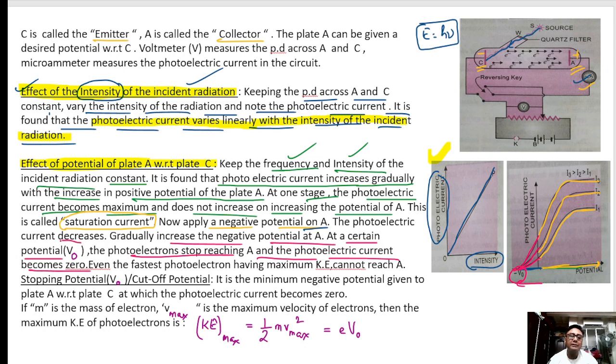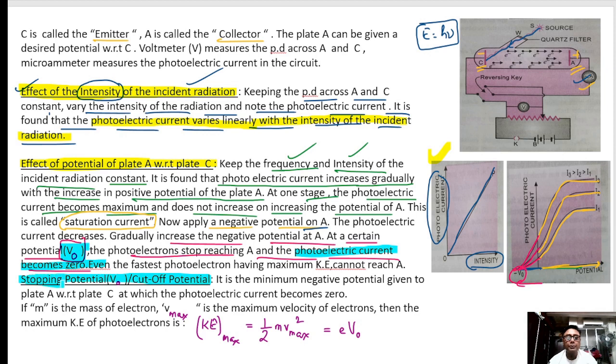At this negative potential, the photoelectric current becomes 0. This is called the stopping potential or the cutoff potential.